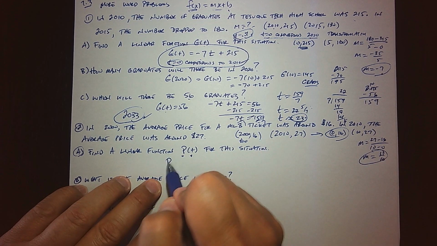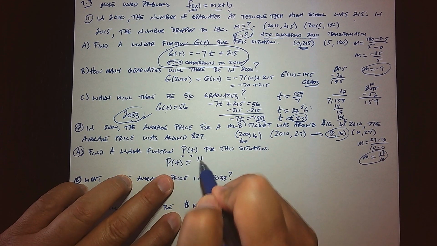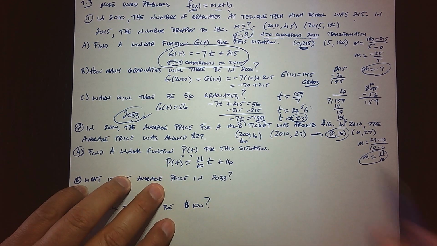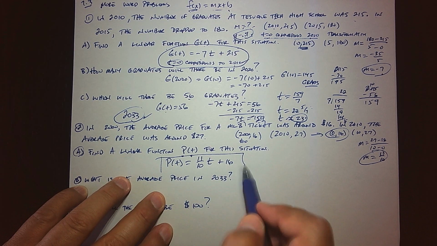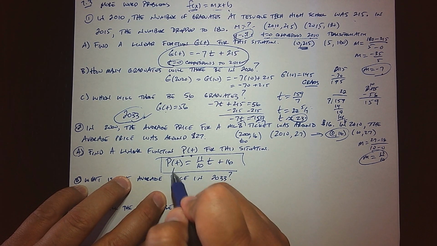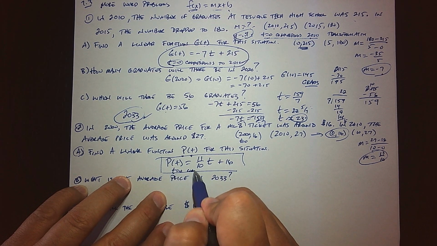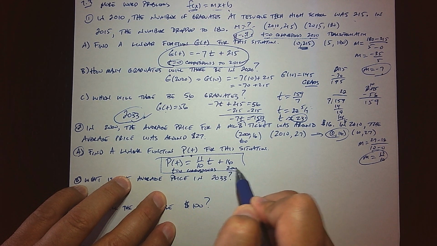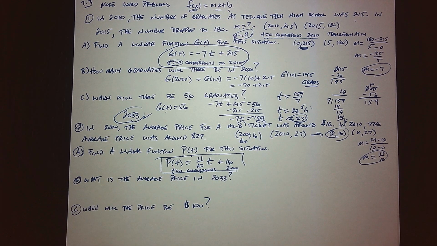So what's our function? P of t is my slope, 11 over 10, times t, plus my y-intercept. So there's our model. And of course, don't forget, t equals 0 corresponds to the year 2000. Put in that little qualifier statement so people know how to use my model.